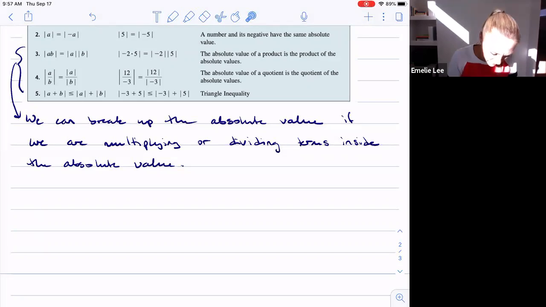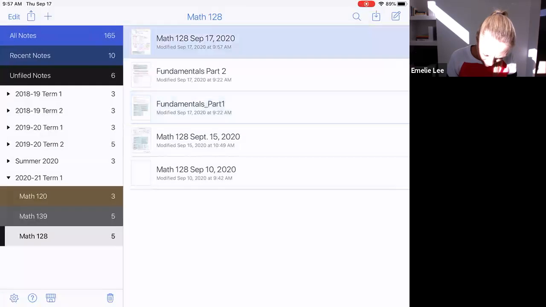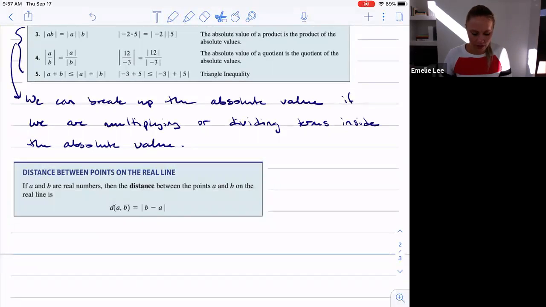And so if we talk about the distance between 2 points on a real line, even if I just asked you, hey, what's the distance between 4 and 10, in your mind, you're probably going to say, okay, I need to take the distance from 4 to 10, and so I'm going to take 10 minus 4, and then that's my distance, right?